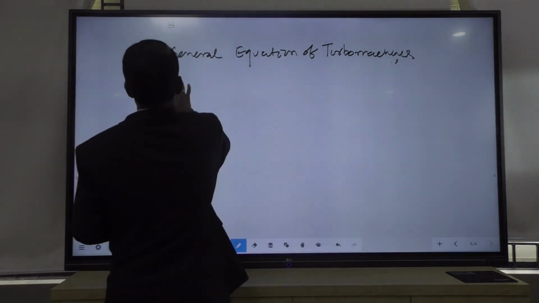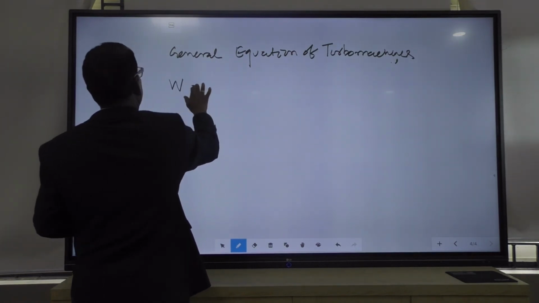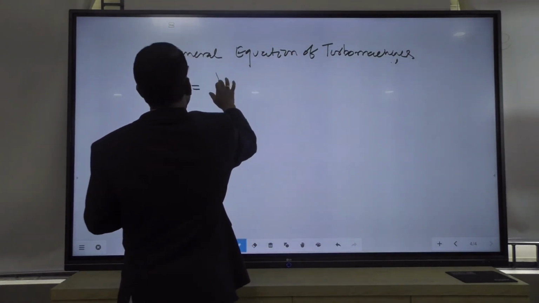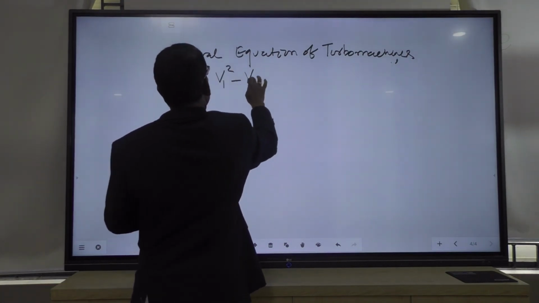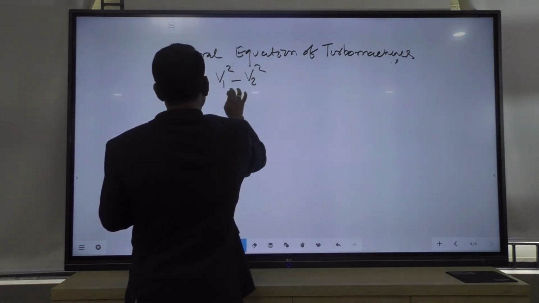Your general formula will derive from that velocity triangle, but it is not in your syllabus, but you should know this Euler equation.